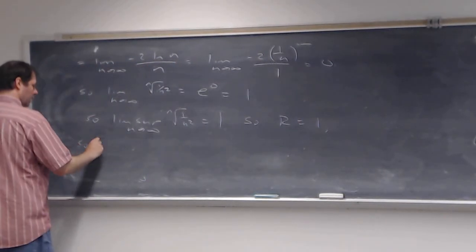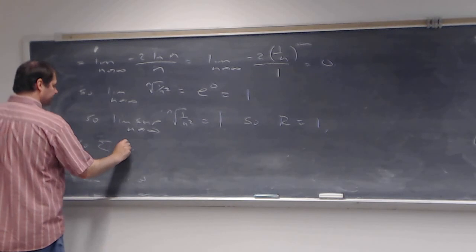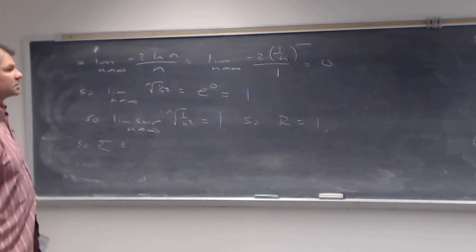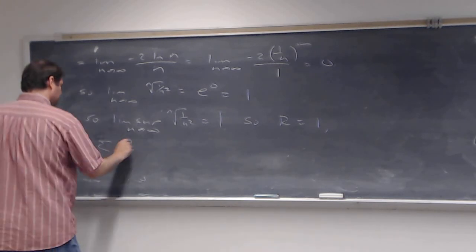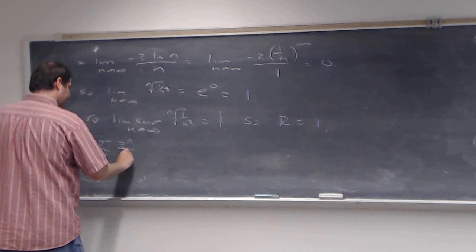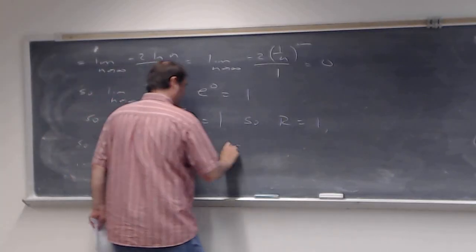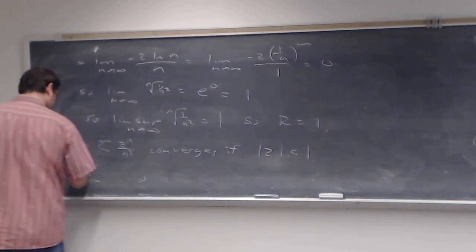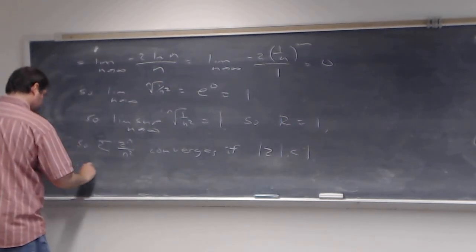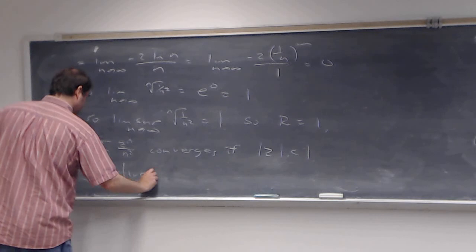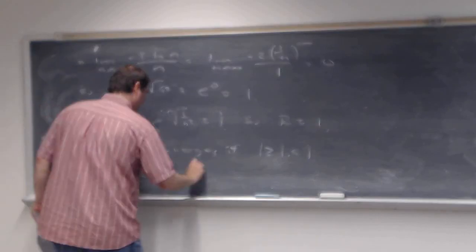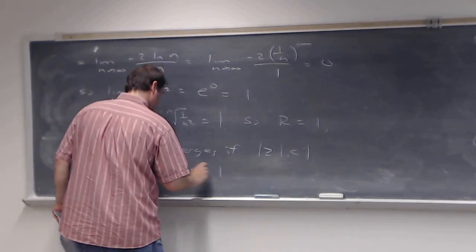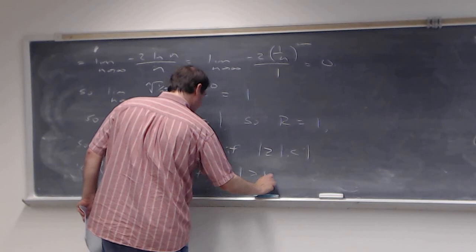And so the series of z to the n over n squared converges if the norm of z is less than 1 and diverges if the norm of z is bigger than 1.